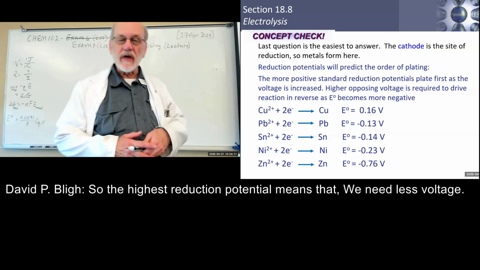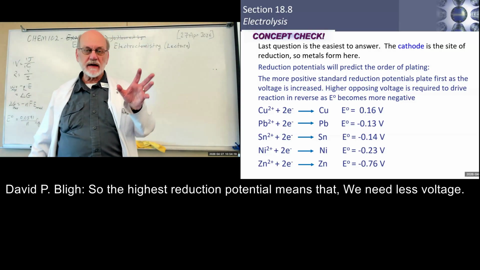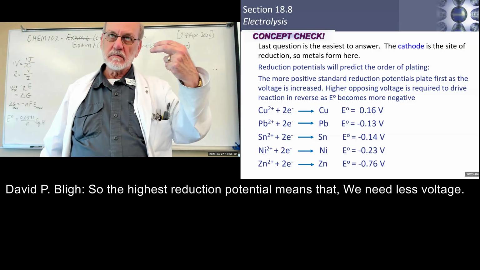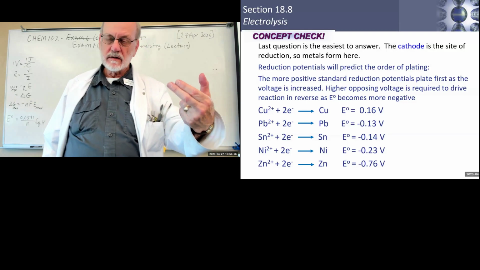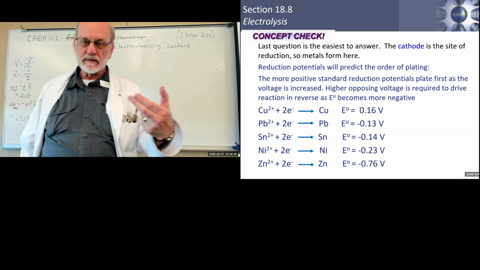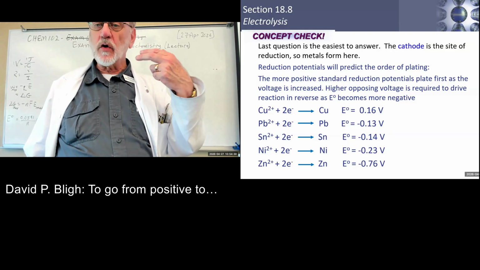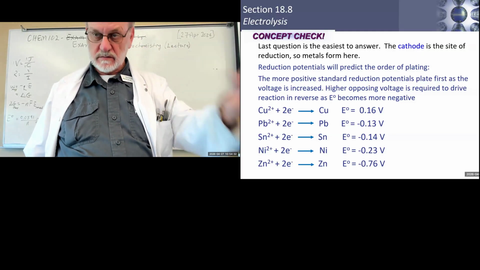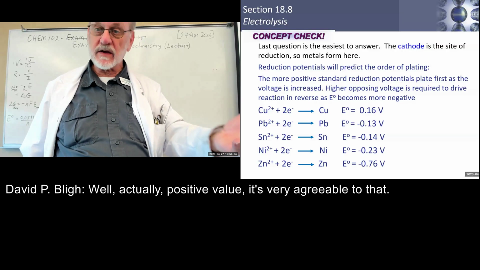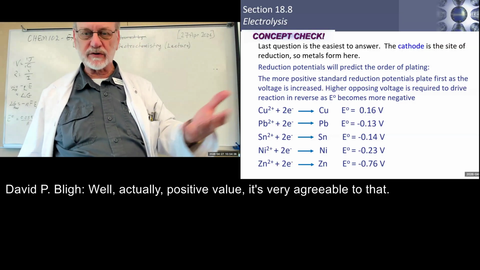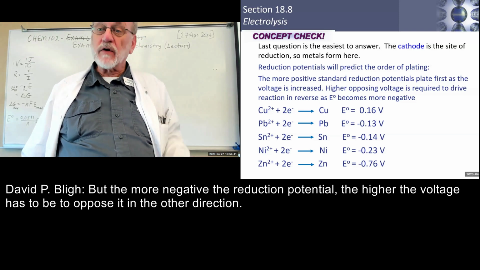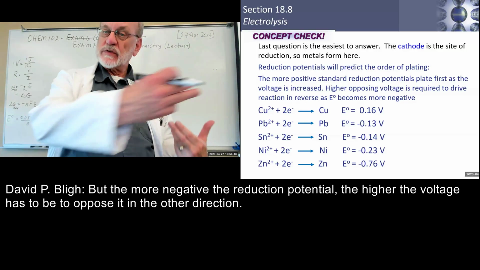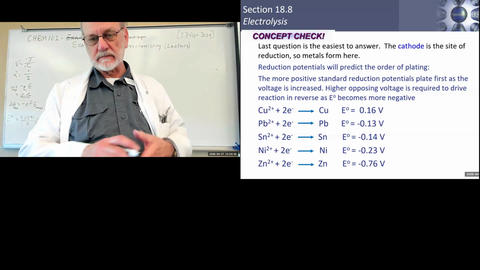The highest reduction potential means we need less voltage to reduce the copper. It's very agreeable to that. But the more negative the reduction potential, the higher the voltage has to be to oppose it in the other direction.